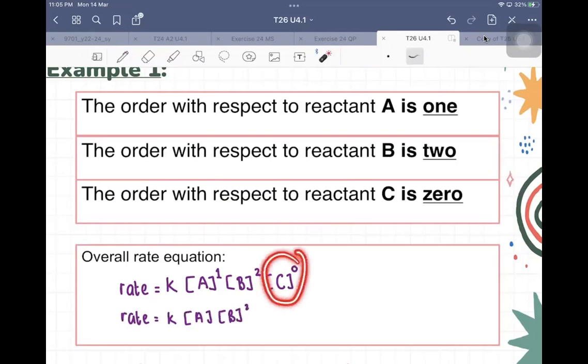Anything to the power of 0 is just 1. So this is how you work out the order of the reaction. And as you can see, the species C does not appear in the rate equation because it is raised to the power of 0, or we say that it is 0 order. So since it's 0 order, it doesn't have any effect on the rate of reaction.